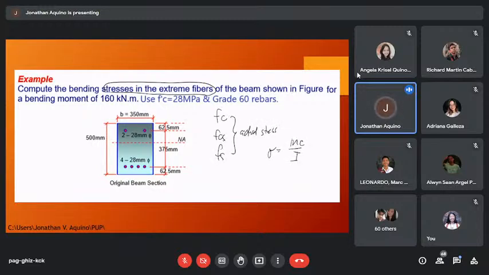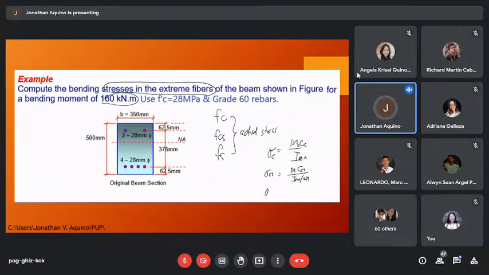Okay, so pag concrete, okay lang siya. Pero pag steel, MC, C ng concrete, I ng concrete, o yung INA. So pag steel naman, stress ng compression steel, moment. So yung moment natin, given yung bending moment, so M times C, centroid ng compression steel divided by INA divided by 2N.